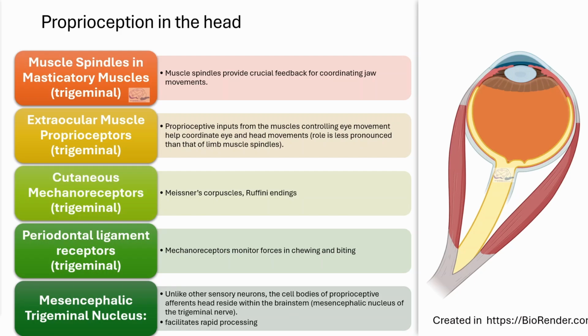They help control eye movements by providing that proprioceptive input, and other proprioception of the mouth, especially the teeth. And the other, just an anatomical quirk, is that unlike other sensory neurons, the cell bodies of these proprioceptive neurons actually reside in the brainstem, in the mesencephalic nucleus of the trigeminal nerve. There isn't an outside ganglion for that proprioceptive information.